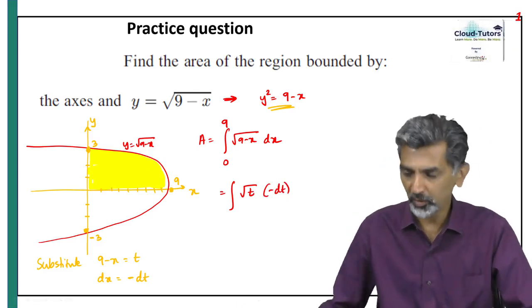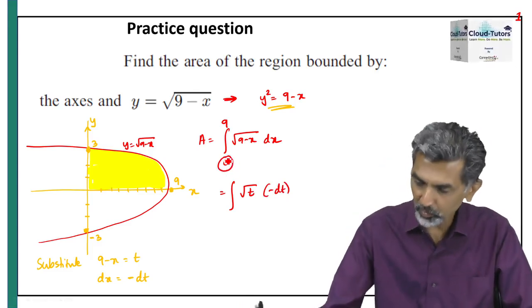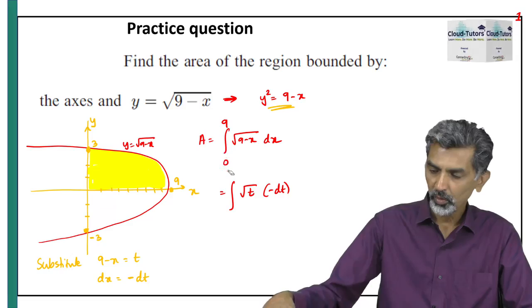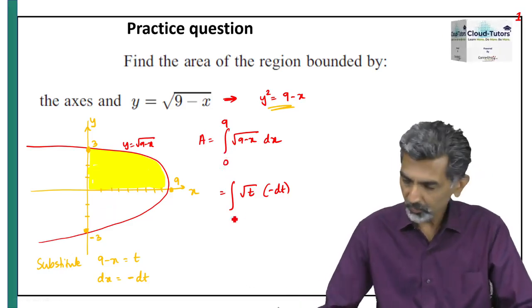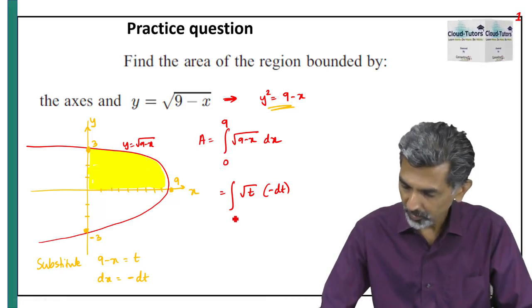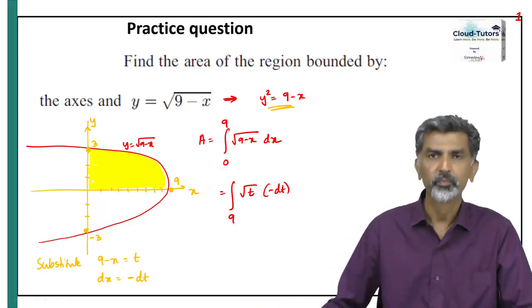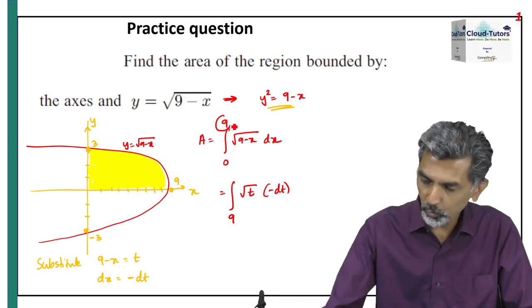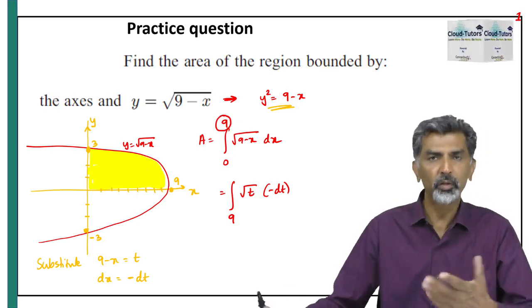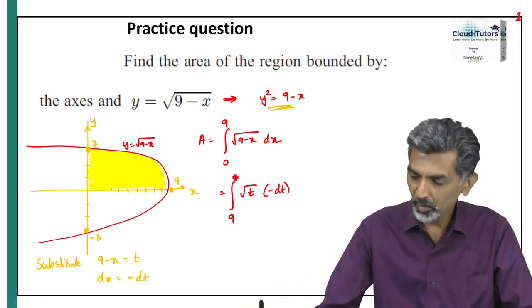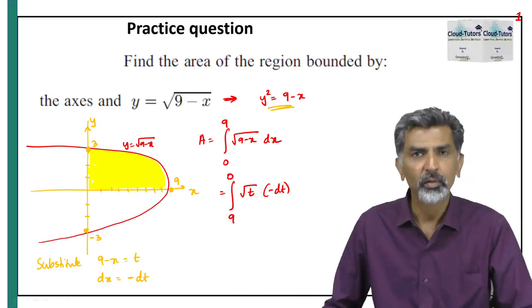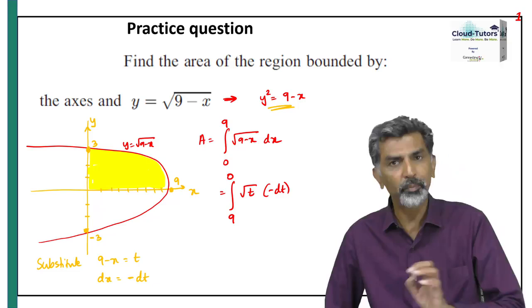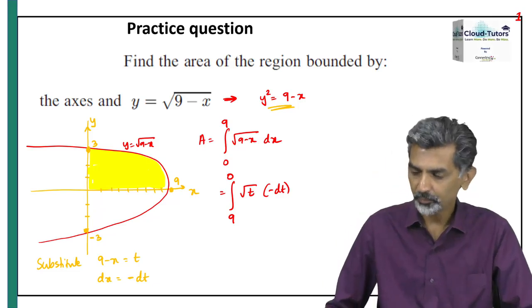What about the limits of integration? Here, when x is equal to 0, what is t? When x is equal to 0, t becomes 9. When x is equal to 9, the upper limit of the integration, t becomes 0. So this is how we write the limits of integration when x is replaced by t.